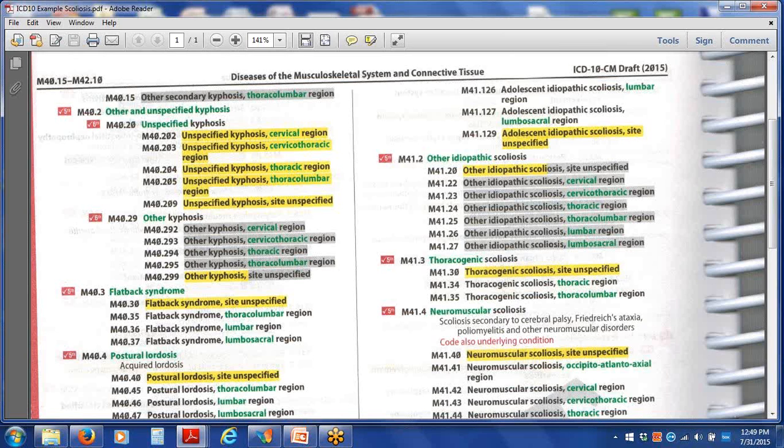Now you have to take the scoliosis to the region of the spine: unspecified, cervical, cervicothoracic, thoracic, thoracolumbar, lumbar, and lumbosacral. So you'll have to know what regions of the spine are affected, and if you have a scoliosis that affects both the cervical and the thoracic, you will choose cervicothoracic. You won't choose cervical and then choose thoracic. You'll choose the one in the middle that involves both regions.